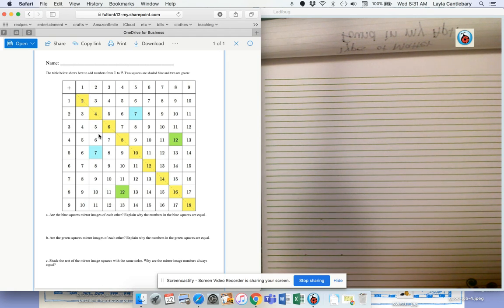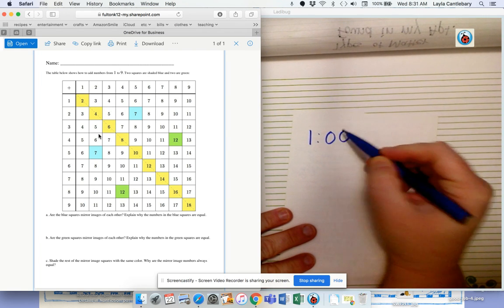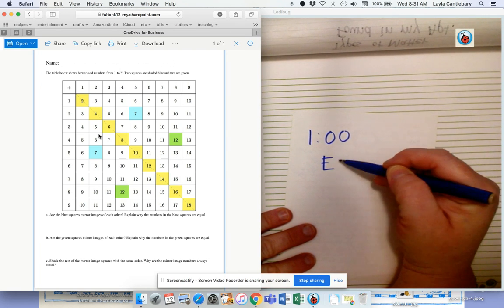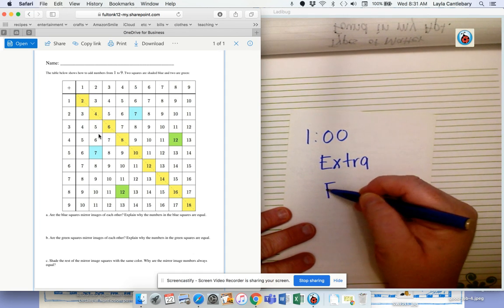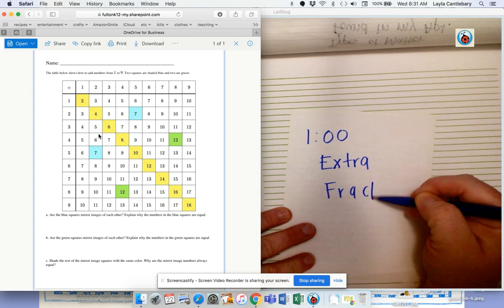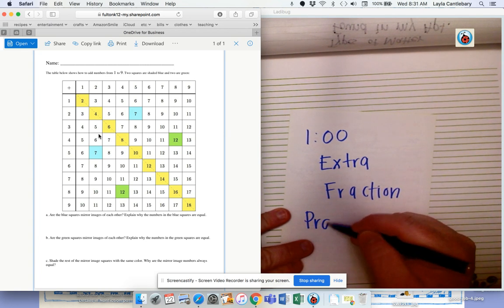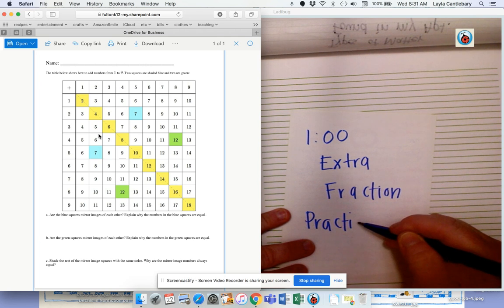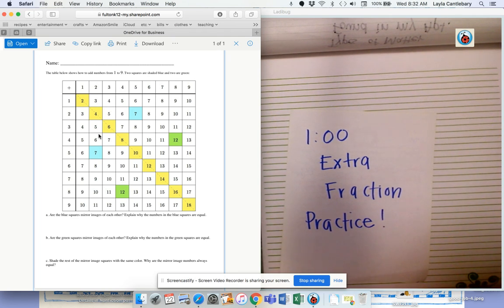Now, on-level math kids, today, Wednesday at 1 o'clock, we have on Teams extra fraction practice. We also will work on partitioning rectangles.